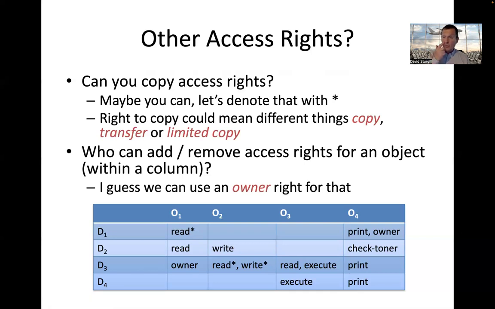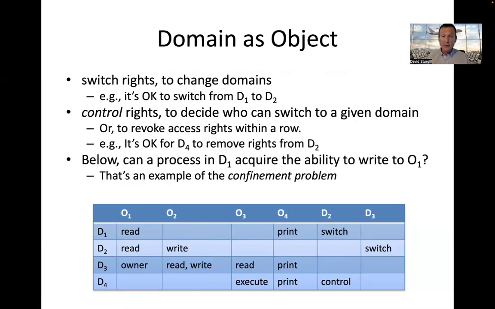Again, here I've just got one owner for that object, but you could have a system where any number of users could be the owner. Often they might call them the administrator for that object, and that means they have the ability to give or take away access rights to other users. And this ends up being more common than having just a special way of marking access rights so you can give them away.